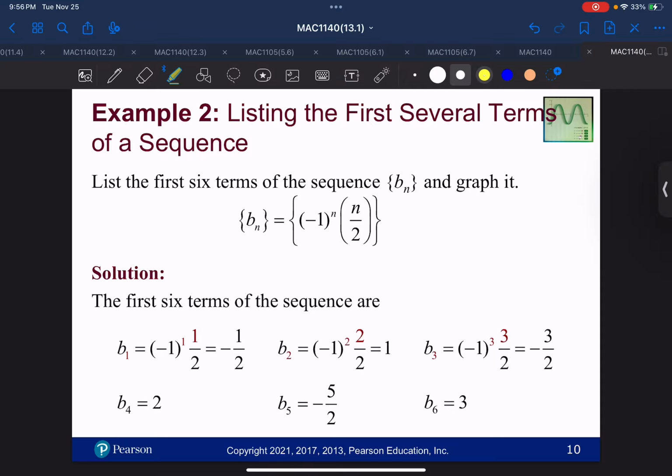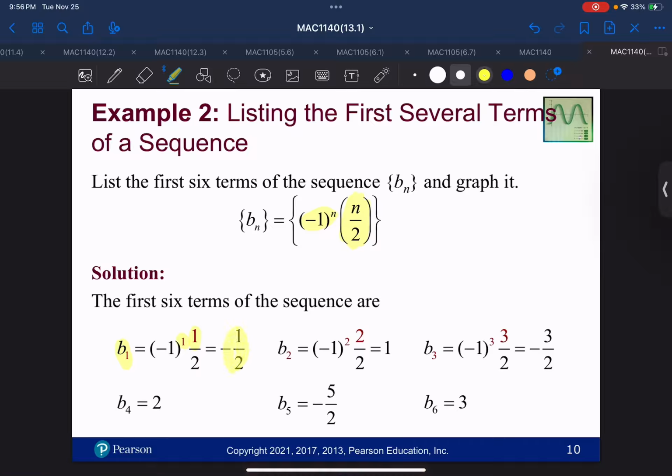Okay, another example is the sequence given by -1 raised to the n power times n divided by 2. To find the first term, b sub 1, I would plug 1 in everywhere I see the n. So that would be -1 to the 1 power times 1 divided by 2, which gives me -1/2.